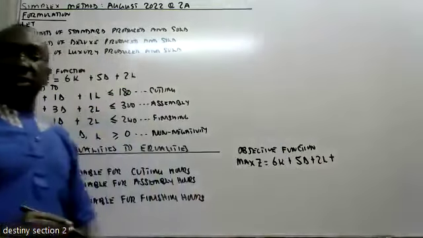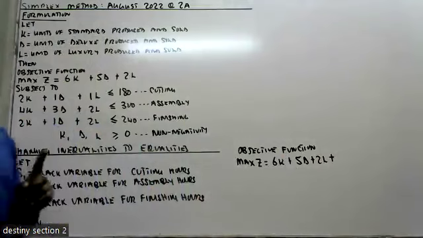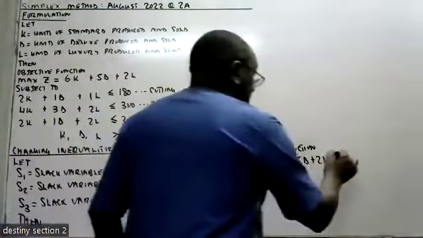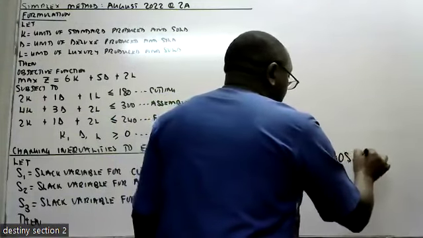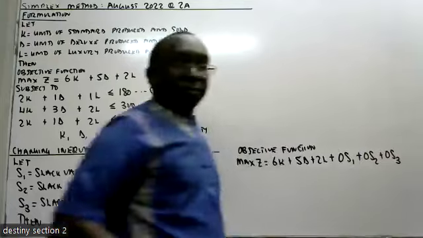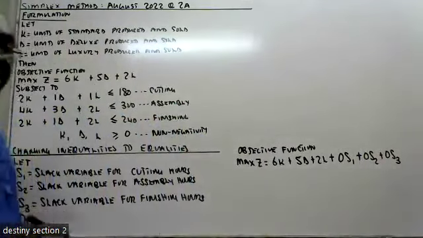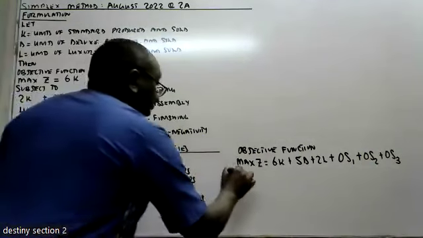Those are the contribution margins. You now bring these S's, but each one is coming in with a 0. So 0S1, 0S2 plus 0S3. I hope you read the notes that I sent you.